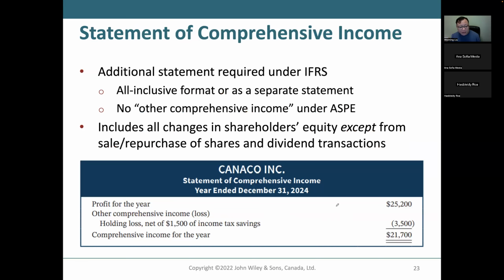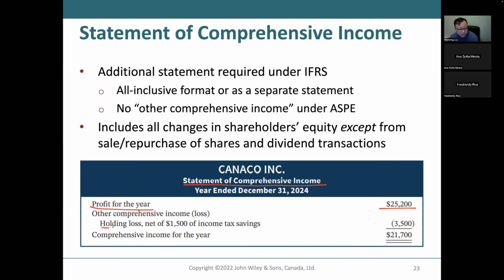So let's take a look at this. This is called a statement of comprehensive income instead of a statement of income. You have a profit for the year of 25,200, but there is other comprehensive income or loss.